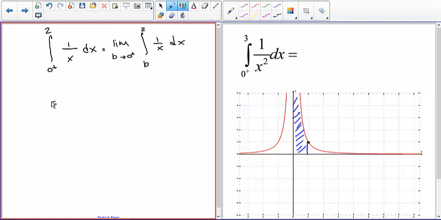So when you integrate 1 over x dx, you get the natural log of x. So we get the natural log of x evaluated between b and 2. So we plug those in. So we get the natural log of 2 minus the natural log of b.